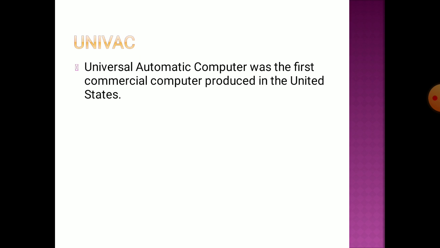But the common human being or the business person also wants to use computers, and the first commercially used computer was developed in your first generation by the United States, and it was given the name UNIVAC, where UNIVAC stands for Universal Automatic Computer.